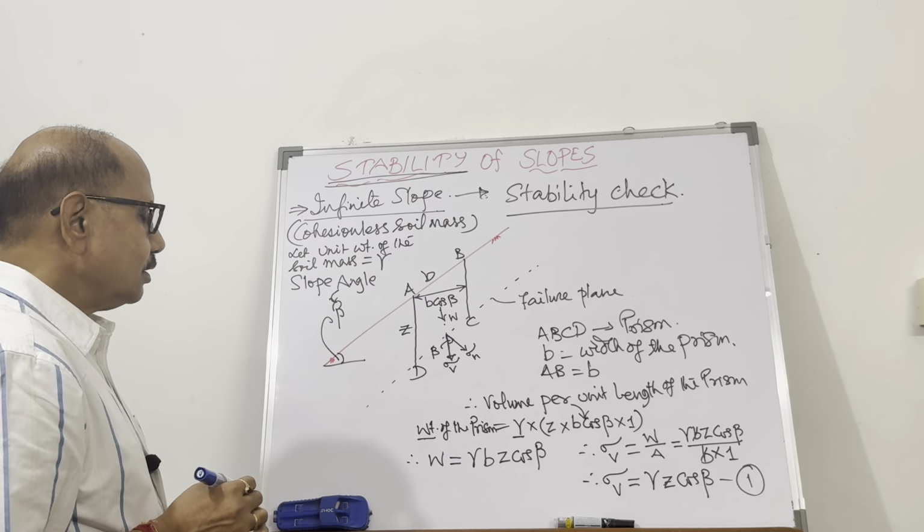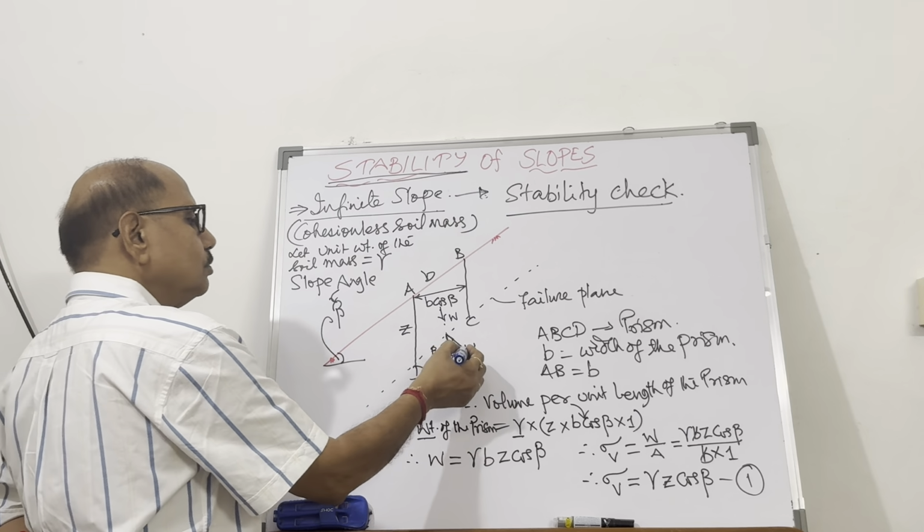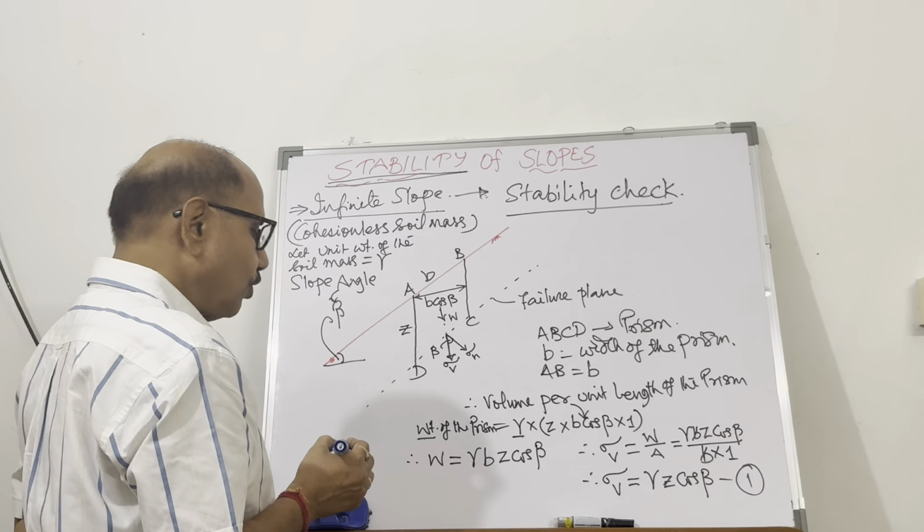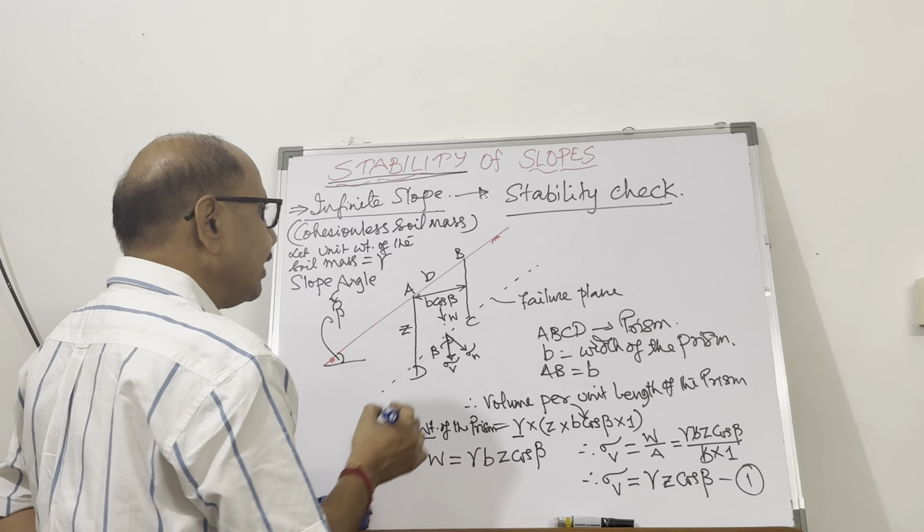Therefore, it is very simple now. The normal component sigma n can be computed very easily.